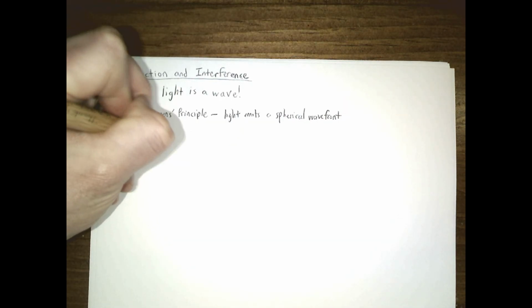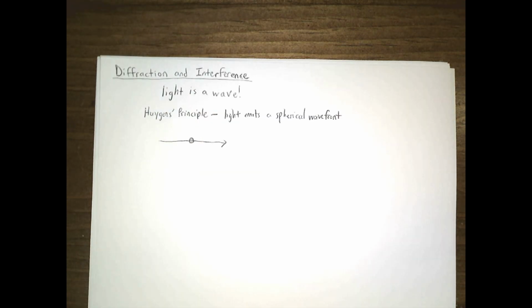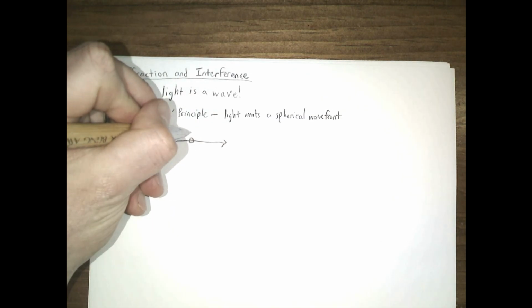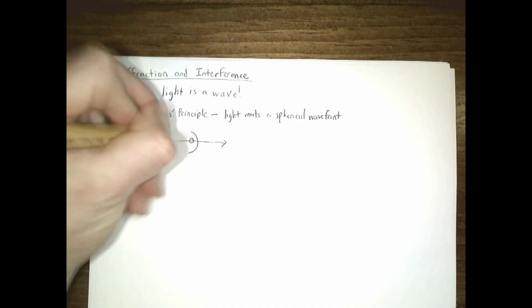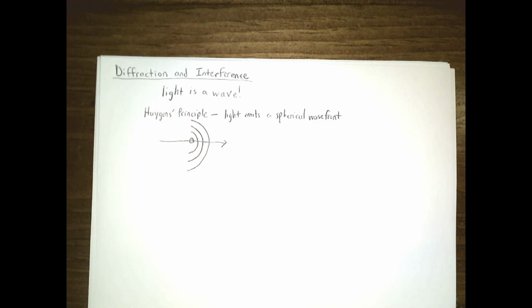If I have a beam of light traveling like this, I can pick a little point on that light ray. And at this point, when the light was here, it's kind of spewing forth a wavefront that looks like that. It's coming out in all directions. Here it's only a 2D slice. It's coming at you out of the screen and all that as well. But light kind of is able to get around corners and edges by emitting in this way.